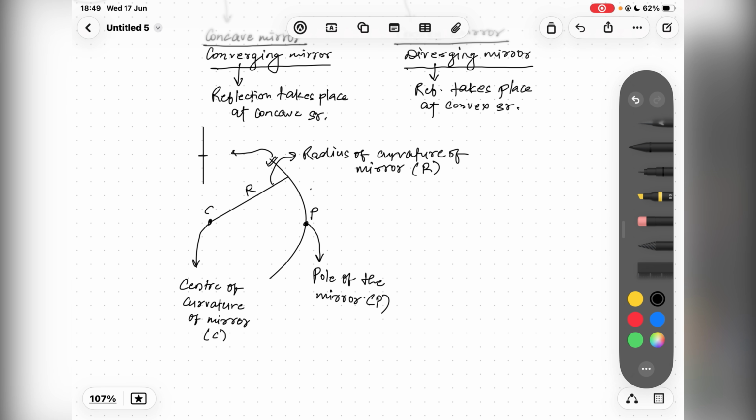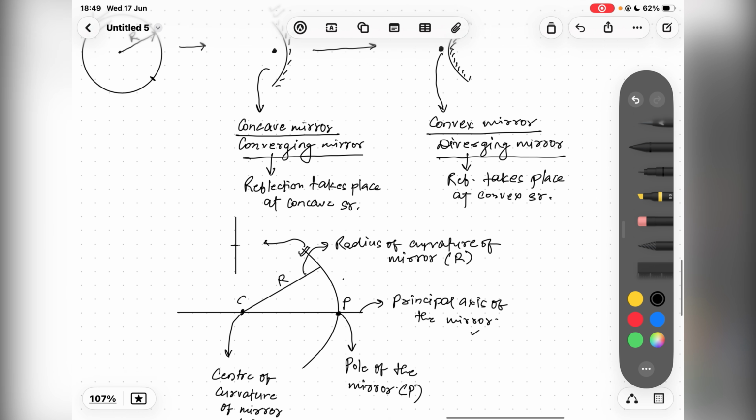Okay, and the line that connects the center of curvature and the pole is called the principal axis of the mirror. Okay, so these are some of the notations that I wanted you to keep in mind.